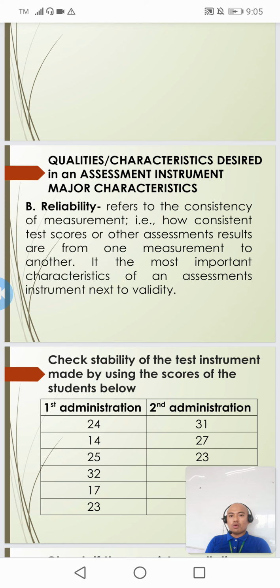How consistent are the test scores or other assessment results from one measurement to another? It is one of the most important characteristics of an assessment instrument next to validity. So reliability refers to how dependably or consistently a test measures a characteristic.